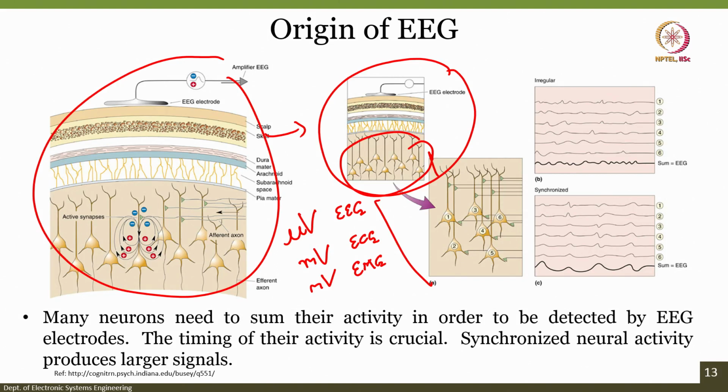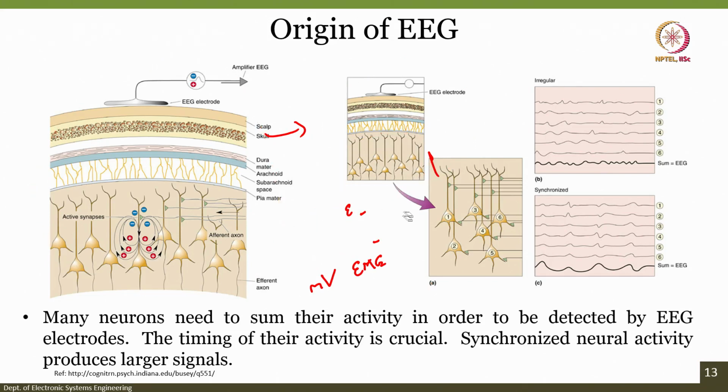So, many neurons need to sum their activity in order to be detected by EEG electrodes. The timing of their activity is very crucial, and synchronized neural activity produces large signals, right. So, this much we understood about the origin of the EEG, which is electroencephalogram.